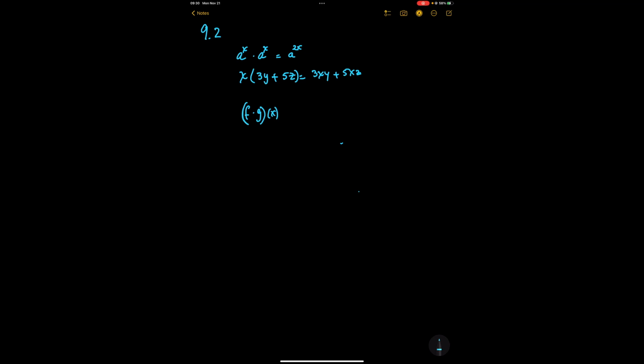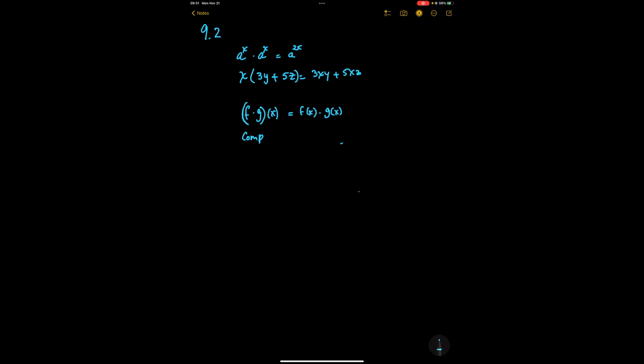Here, x is the only element of both functions. This is equal to f of x times g of x. But here we talk about the composition.